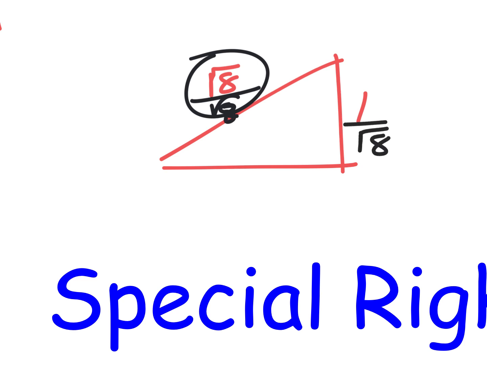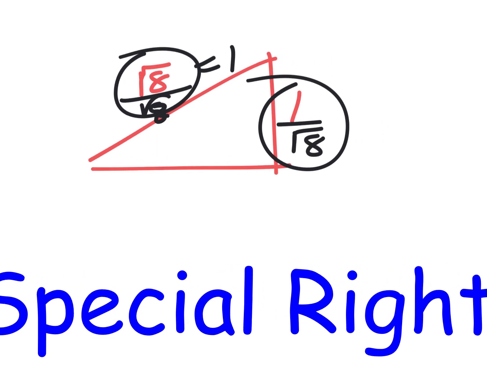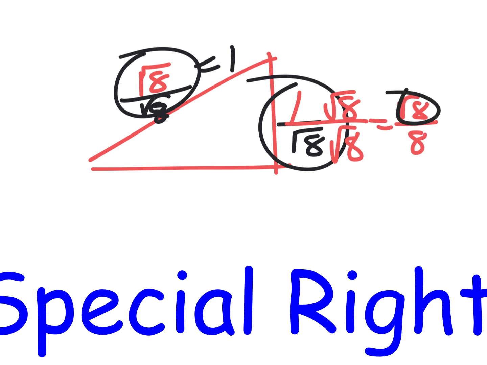And then this is 1 now. And that's what you wanted. Okay, cool. But then you got this problem. You're not supposed to divide by a square root. So then you have to know how to fix it with this. And this becomes root 8 over root 64, which is 8. And then you have to know how to simplify that.